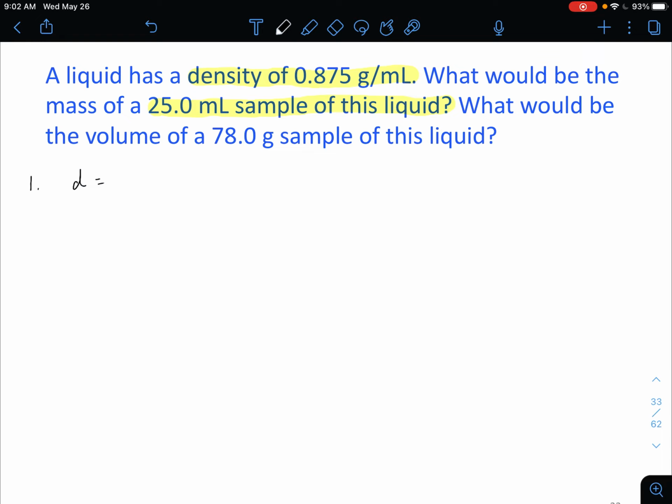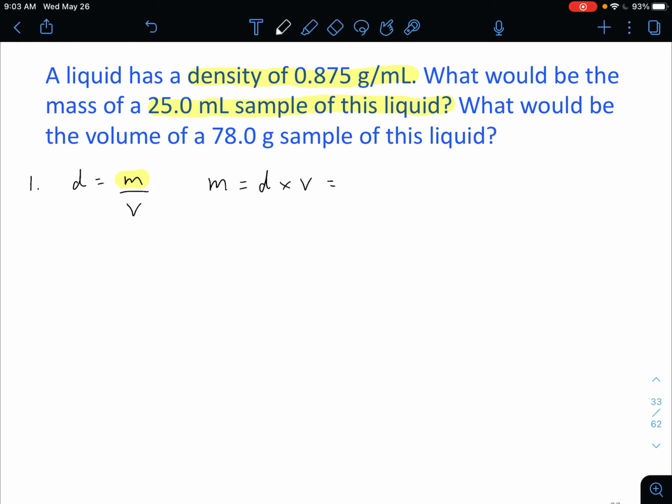We know that density equals mass over volume, and in this first question, it's asking me to solve for mass. So I'll rearrange my equation first. That means mass equals density times volume. I have both of those quantities.